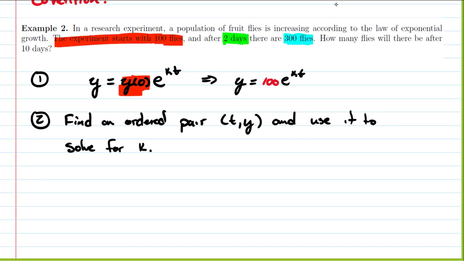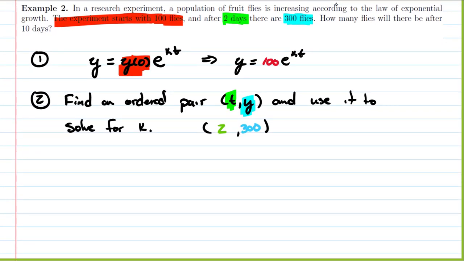So our ordered pair, our t and our y, is after 2 days we have 300 flies. So our y is 300 and our t is 2. So we're going to put these values into our equation for t and y.